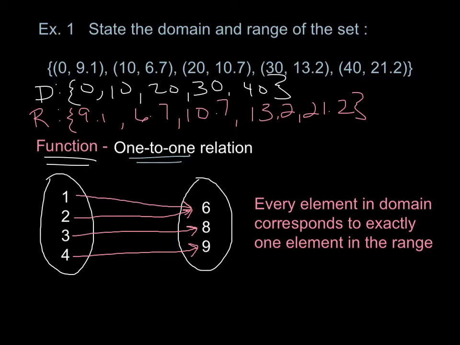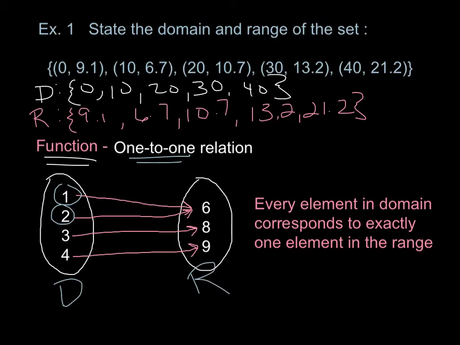So if you look at the diagram that we have drawn here, okay, you can see that 1 corresponds to 6. 2 also corresponds to 6, but that's okay. Each element is only going to one place, 3 to 8, 4 to 9. So every element here in my domain set is only going to one place in the range.